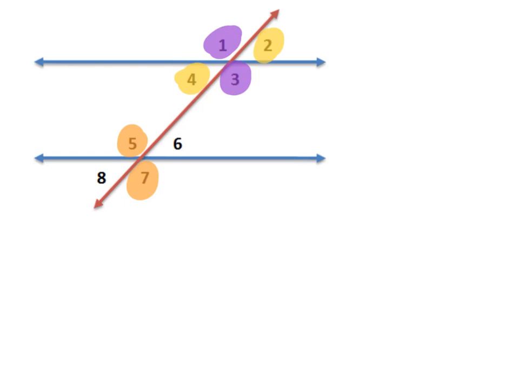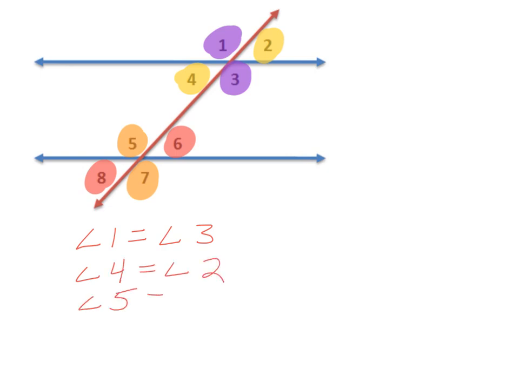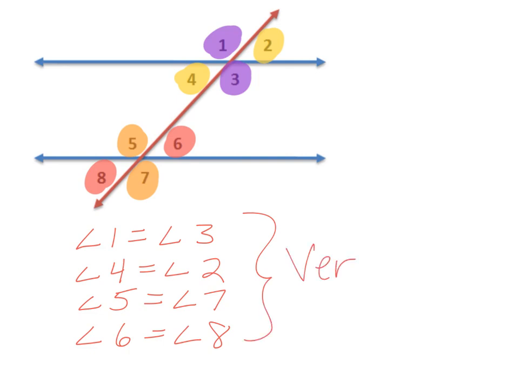And we know that angle 6 and angle 8 are equal because they're vertical. Okay, so I just want to list here angle 1 equals angle 3, angle 4 equals angle 2, angle 5 equals angle 7, angle 6 equals angle 8, and these are all vertical angles.